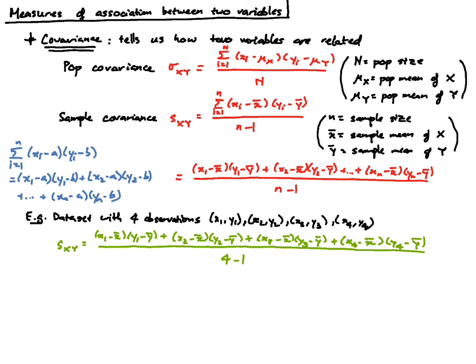So that's the covariance. Now, as we will see in an example later on, a disadvantage of the covariance is that it depends on the unit of measurement.